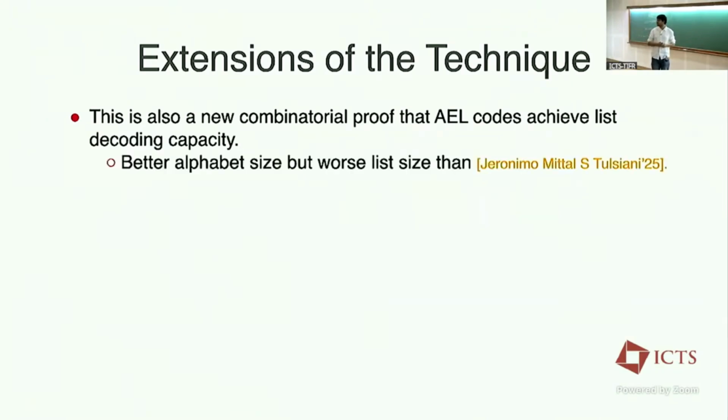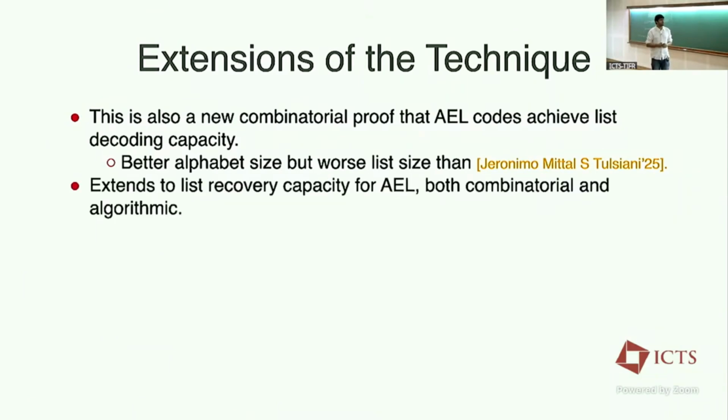It has better alphabet size, to Venkat's question, only 2 to the poly 1 over epsilon. But the list size is not perfect like 1 over epsilon. The list size is going to be worse. And it extends to list recovery, which is not tackled in the other line of work. And these are just simple extensions using these regularity lemmas.